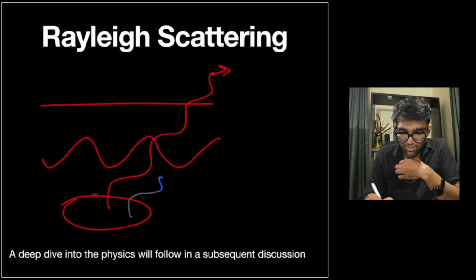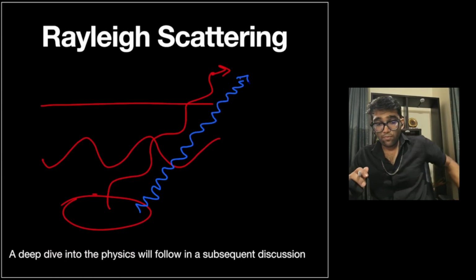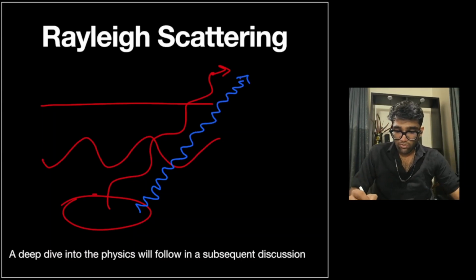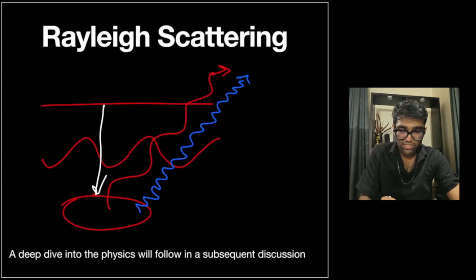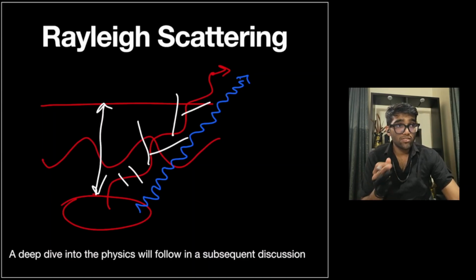Now blue light has a much shorter wavelength than the red light. Because there is a lot of tissue in between the surface of the skin and the lesion itself, a lot of this red light will actually get scattered. It will go in various directions, whereas the blue light, because its wavelength is much shorter, is not actually getting scattered much.